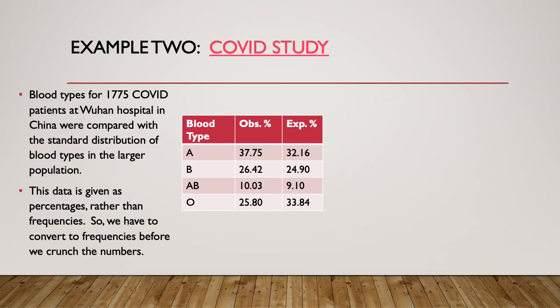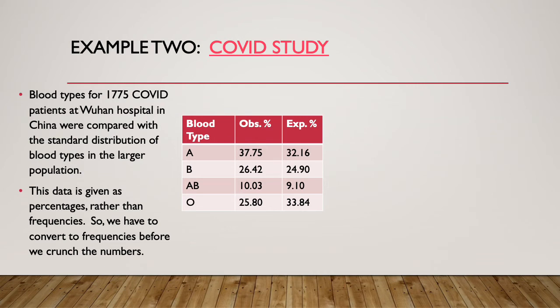So, of those who had come down with the virus, 37.75% of them were type A, 26.42% of them were type B blood, 10% AB, and 25.8% were type O. All right.